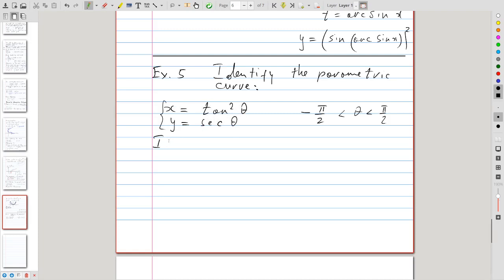So let's write this down. It is easier to make x dependent.